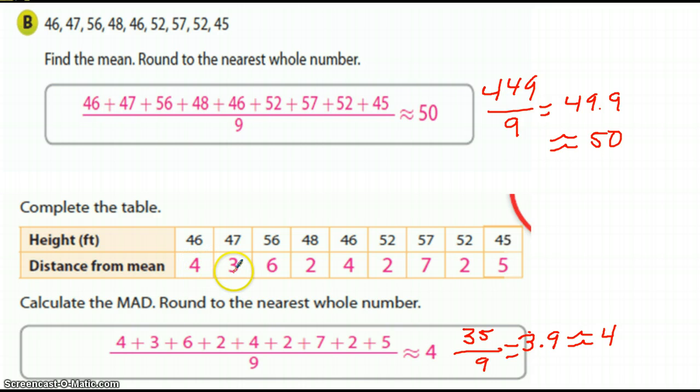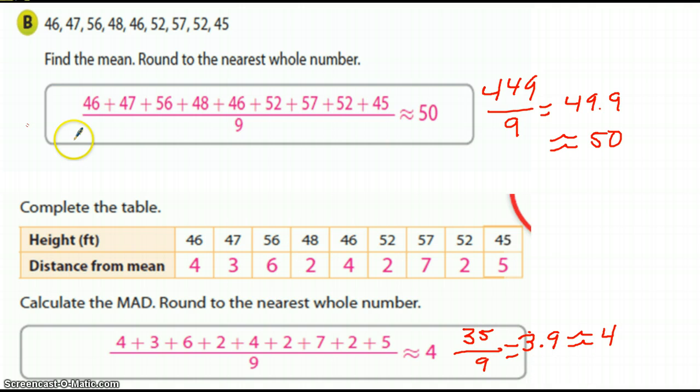That's 4, 3, 6, 2, 4, 2, 7, 2, 5. Now, this is the distance. It's not the MAD, it's the distance. So in order to find the MAD, we need to add each of the distances, divide by the number, and we'll get approximately 35. And that's 3.9. We round to the nearest whole number, so we get approximately 4.